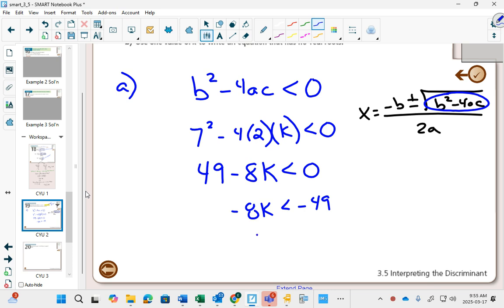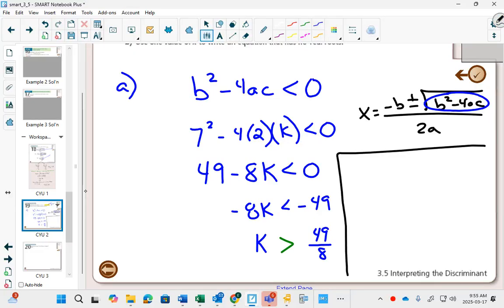But when we multiply or divide by a negative, and this is going to change this to 49 over 8, we have to remember that our inequality will flip. So we get K has to be bigger than 49 over 8.